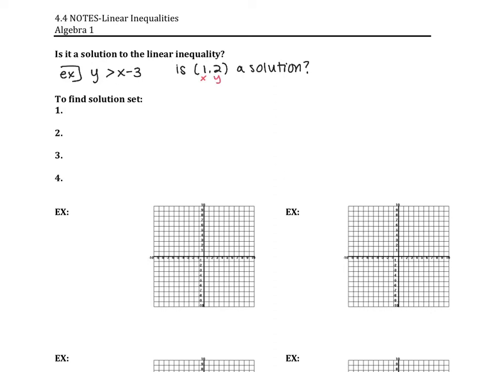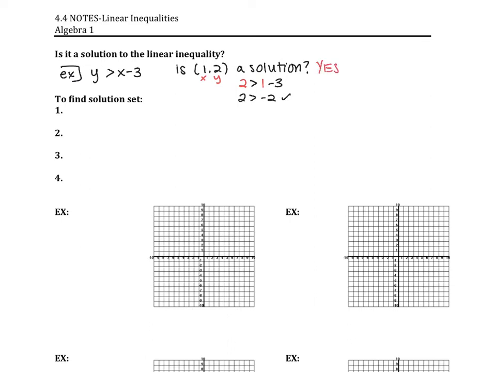I'm going to test the point. So I'm going to substitute 1 in for x and 2 in for y. So in this problem, I would have 2 is greater than 1 minus 3. So is this a true statement? Is 2 greater than negative 2? Well, yeah, 2 is greater than negative 2, so the ordered pair (1, 2) is a solution.